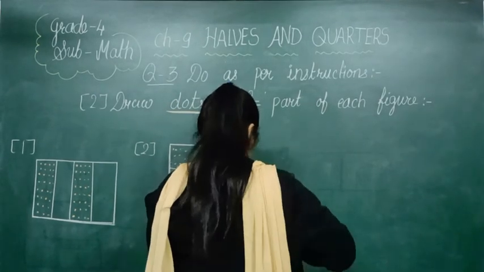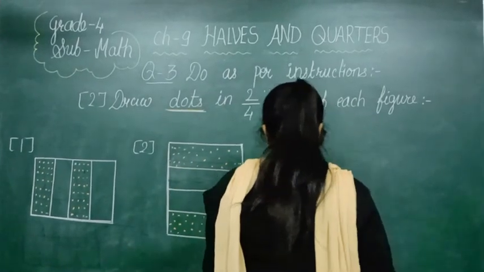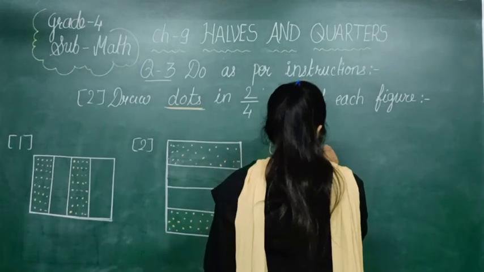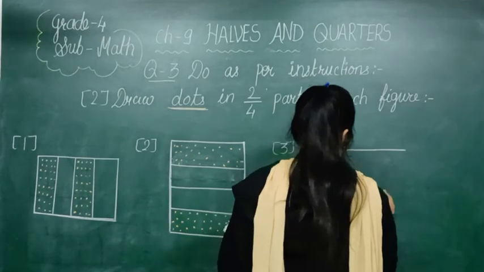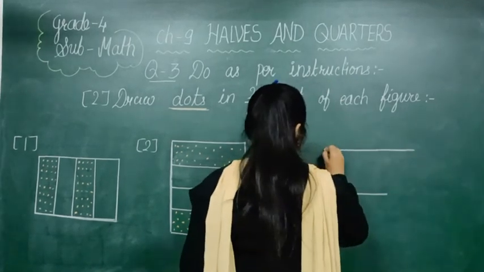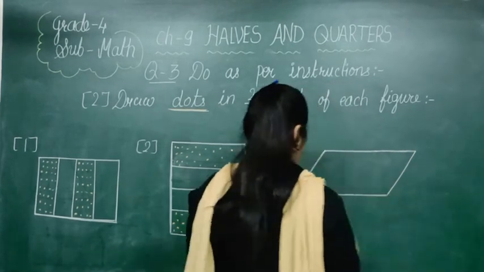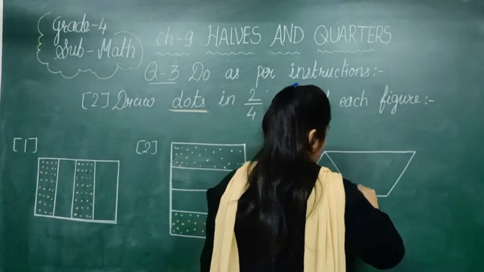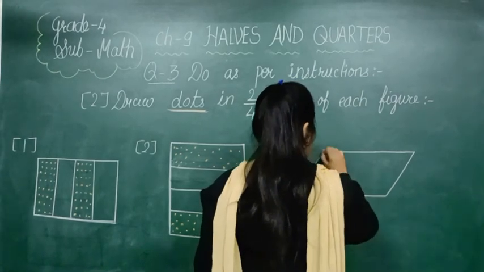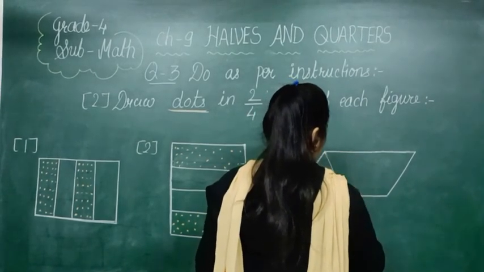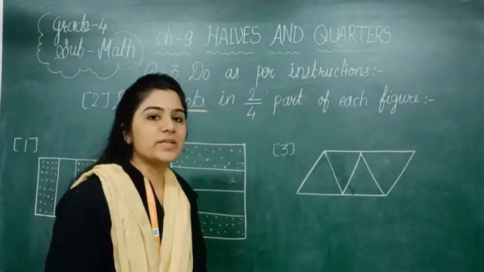Third figure. In the third figure, 4 triangles are given. See, like this. You can see 4 triangles, right?